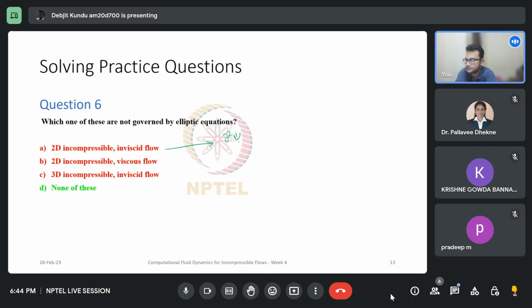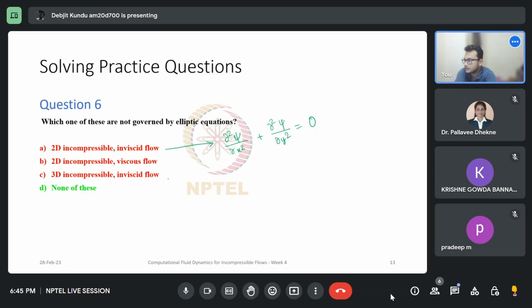One of the ways is using a stream function formulation. So that goes as ∂²ψ/∂x² plus ∂²ψ/∂y² equal to 0. So this is how we can write this down. This is an elliptic equation. That's very simple to find out and categorize.